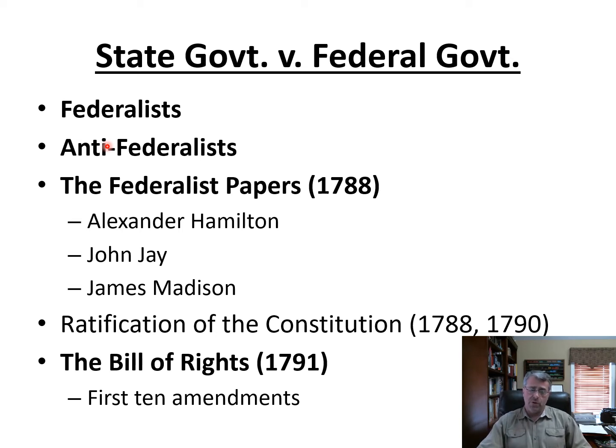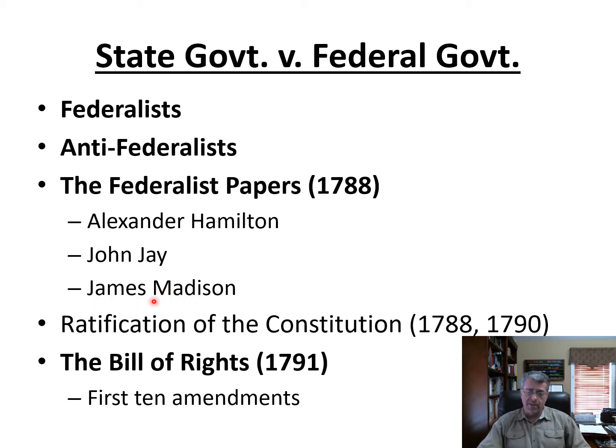In an attempt to win support for the Constitution, the Federalists are going to publish a series of essays called the Federalist Papers. And this is in 1788, the year that we are trying to get the Constitution ratified. So it's being debated in all the state governments, and there's several people who are going to pen these essays, but chief among them are Alexander Hamilton, John Jay, and James Madison.